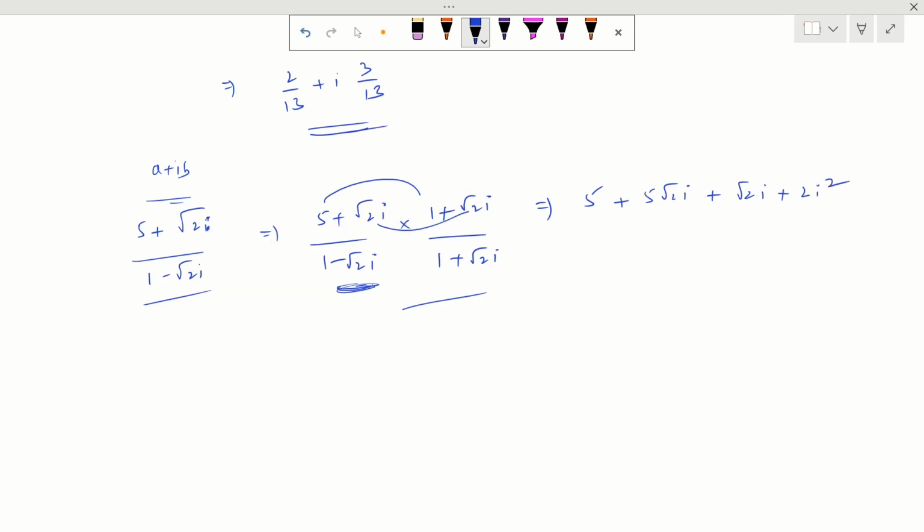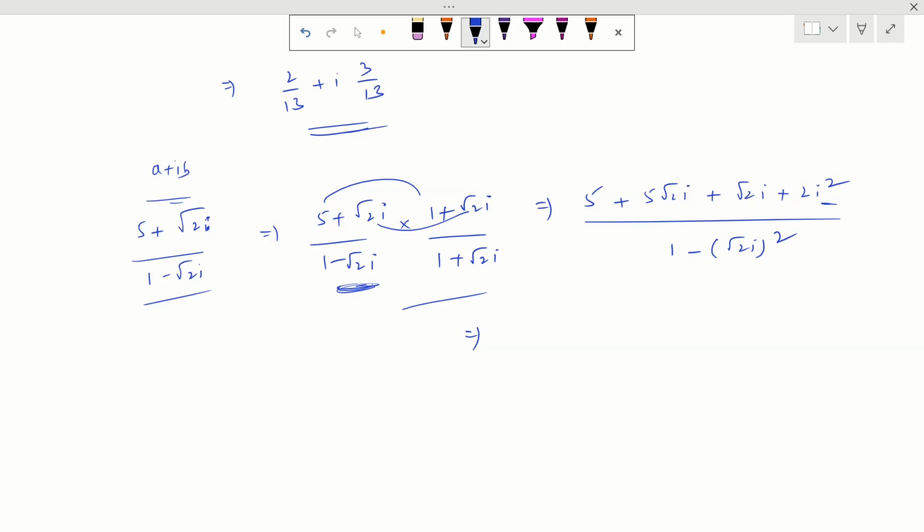In the denominator, a plus b into a minus b is a square minus b square, where b is root 2 into i. I square value is minus 1.